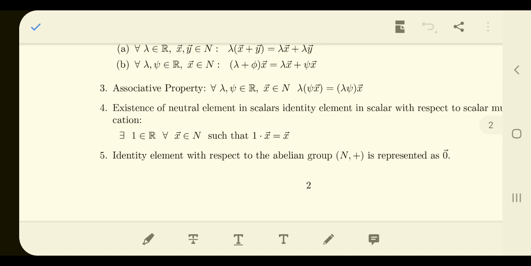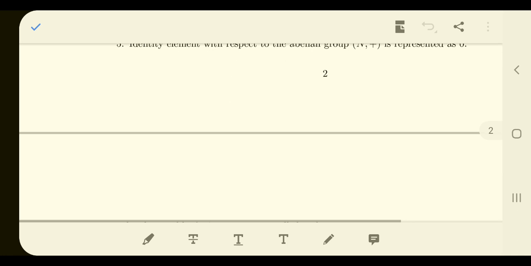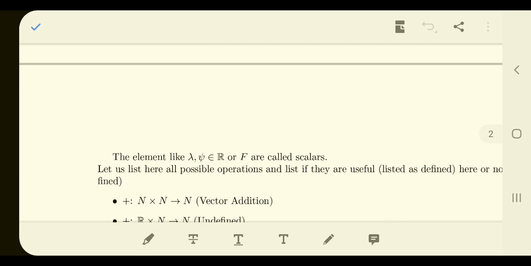There is also a need for an identity in the set of scalars, such that scalar multiplication of that element with a vector results in the same vector. This is called the identity in scalars, and it should also exist. If these five constraints are fulfilled, then we say that this quadruplet is a vector space.